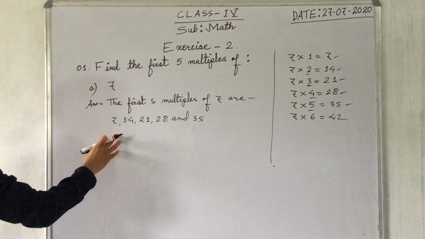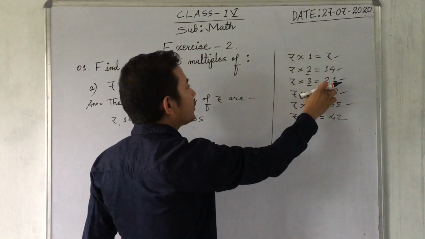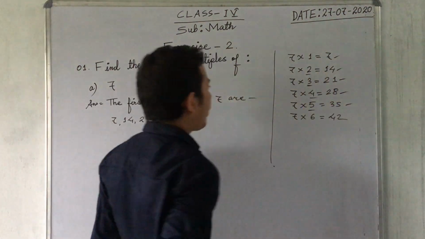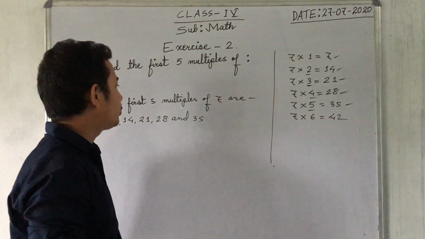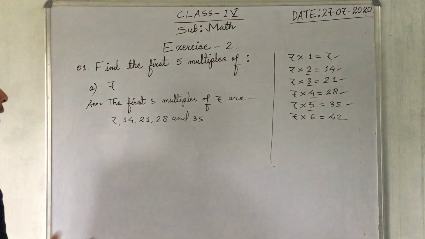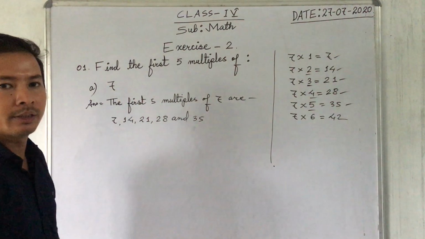So 7, 14, 21, 28 and 35 are the first 5 multiples of 7. This way you have to solve. You have to write. This question is telling us to find this much.